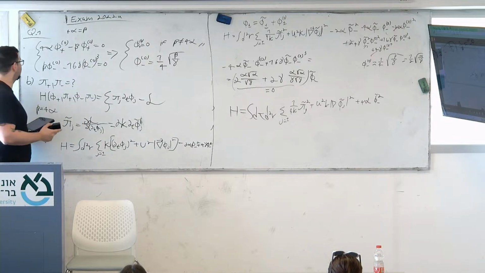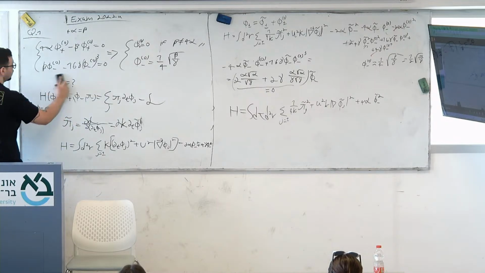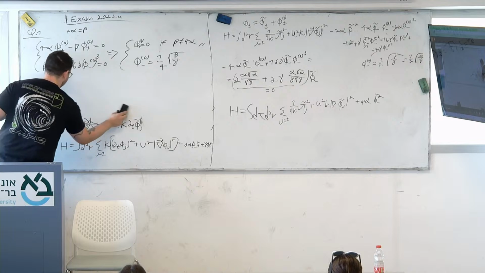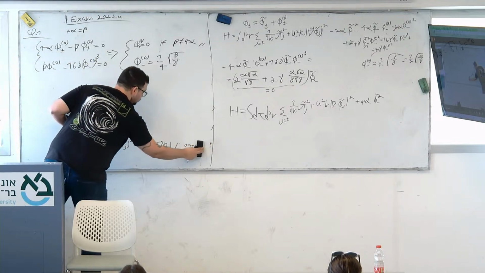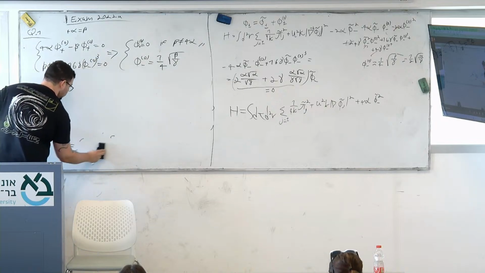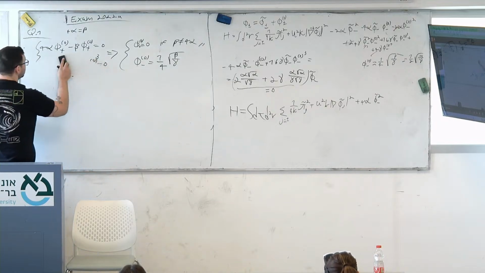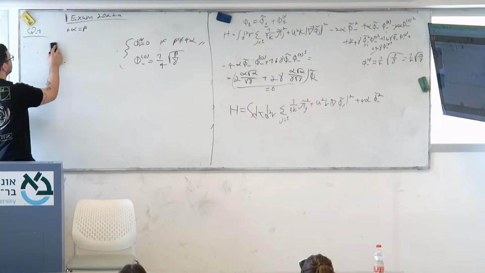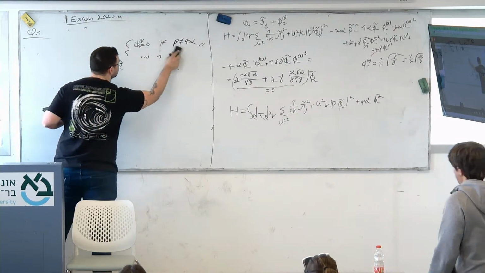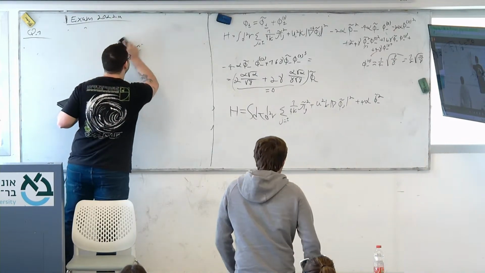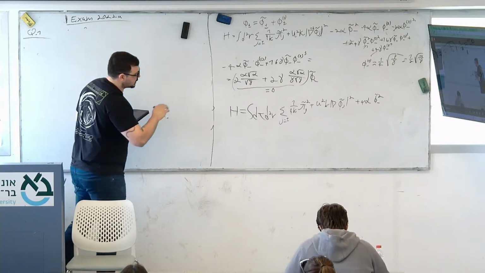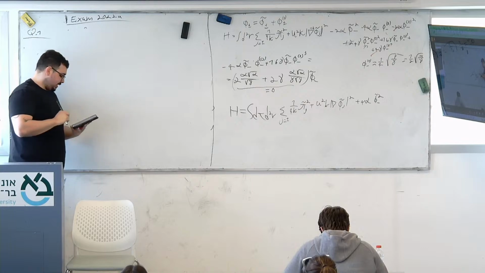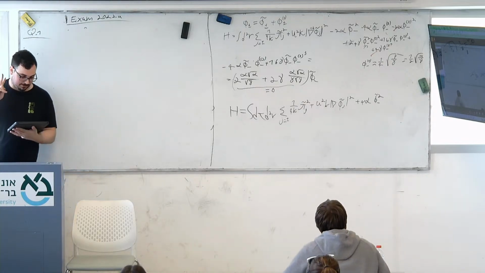Okay, and now the most important part that I wanted to present, part C of the question. This is the Hamiltonian, and in part C, you want to do two simple steps.